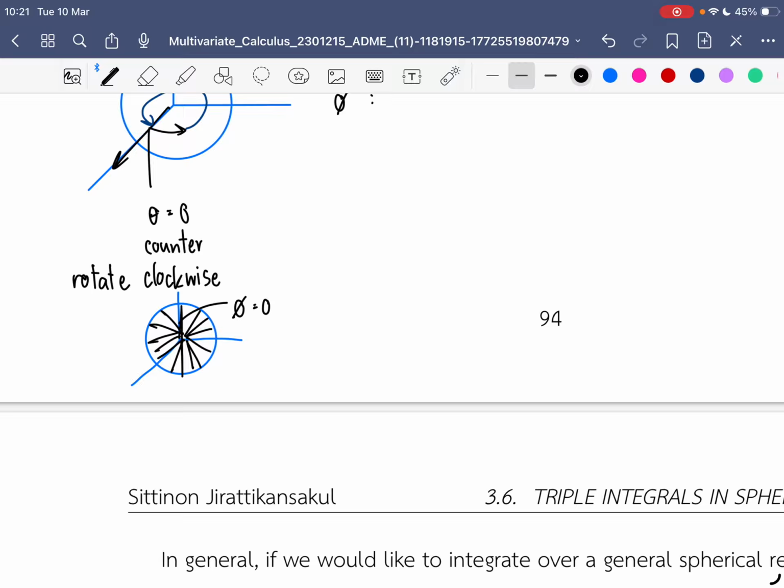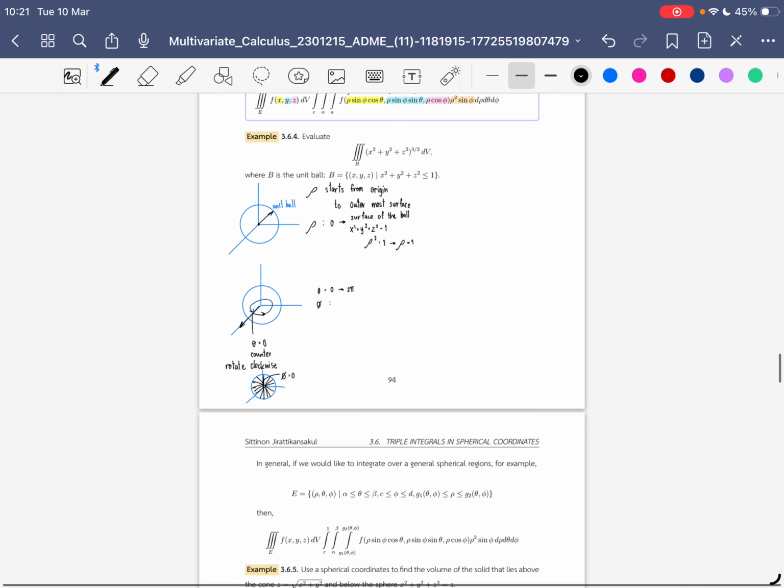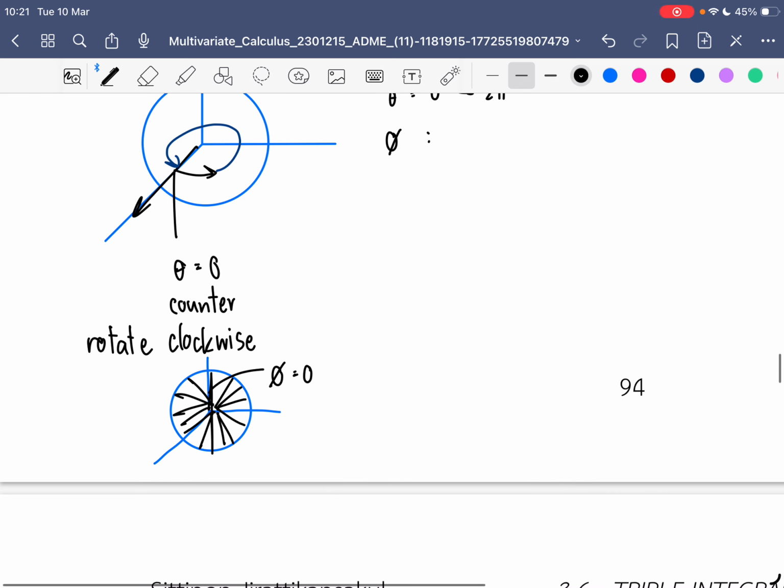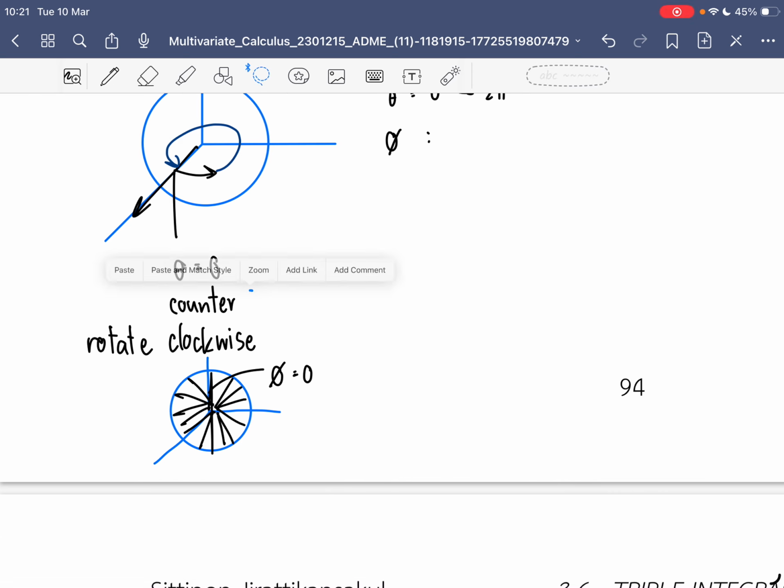At the floor, when you open the cone, it's like you fully expand it. Your phi will become pi over 2, because you measure from the positive z-axis to the floor, and they are perpendicular.